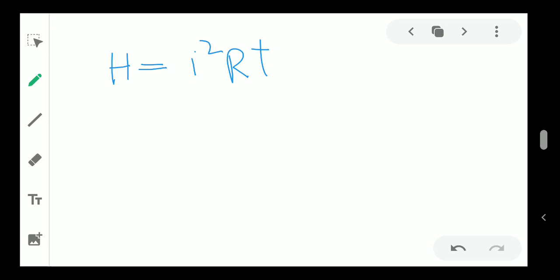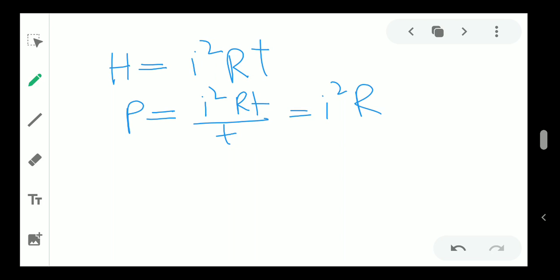So in those cases also we can write the same formula, I square RT by T, that is I square R. The P formula is same, work by time, but the unit we basically use is 1 kilowatt hour.